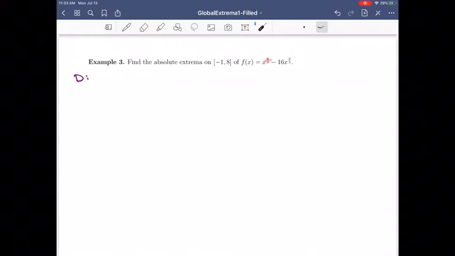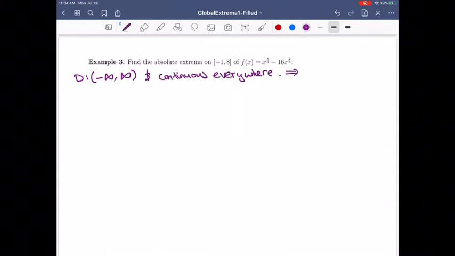Because my rational exponent has an odd number in the bottom, I'm doing an odd root, which means I can evaluate this for every x. So the domain is -infinity to infinity, and it's continuous everywhere. So it's definitely continuous on the interval from -1 to 8.